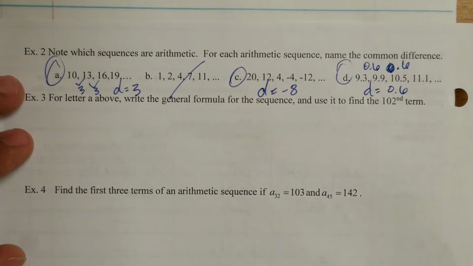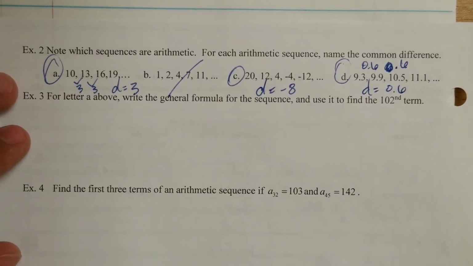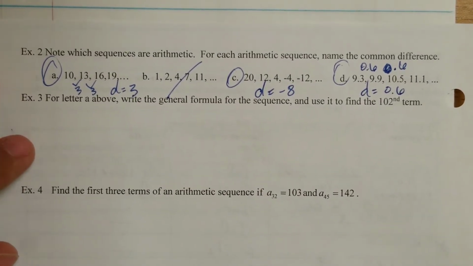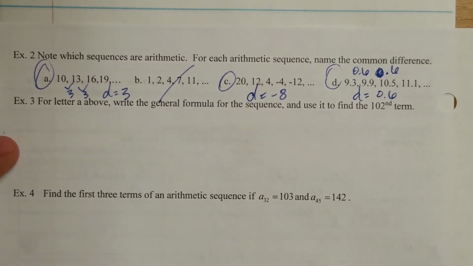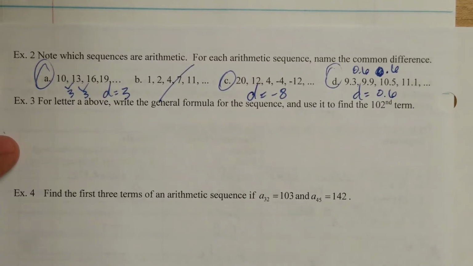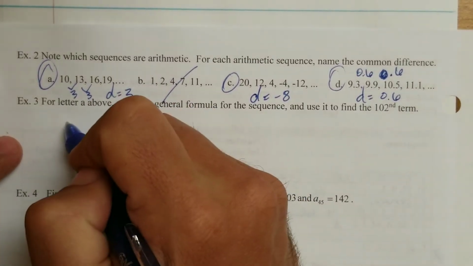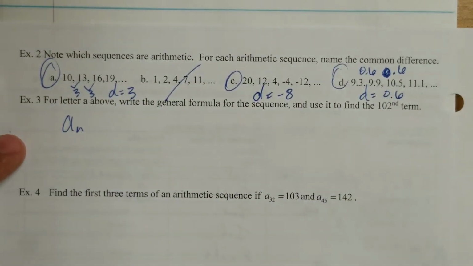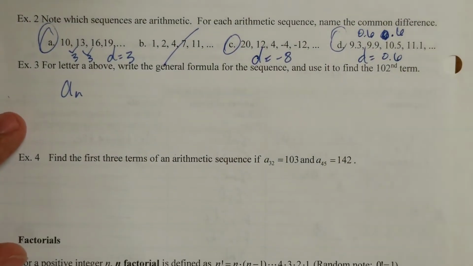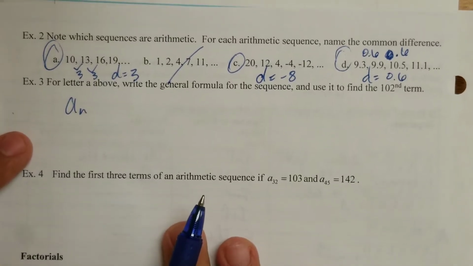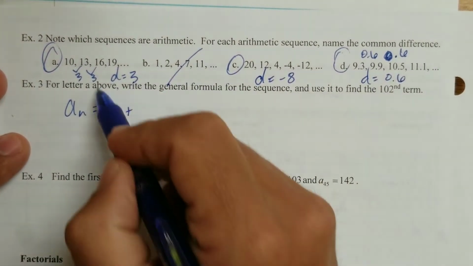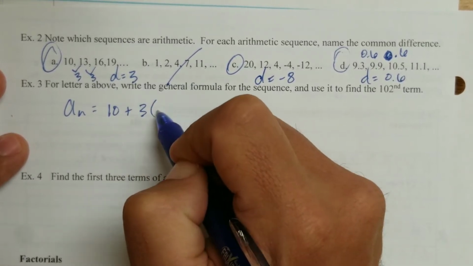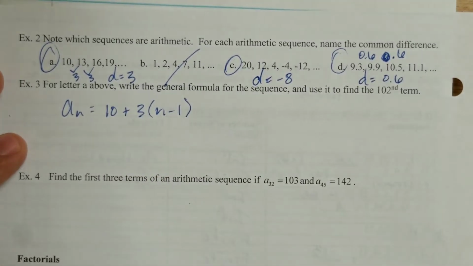Look at example 3. Go back to letter A above, write the general formula for the sequence and use it to find the 102nd term. Okay, so the formula we would say is nth term is equal to first term plus d times n minus 1.